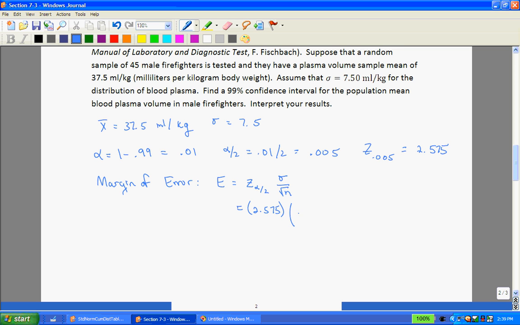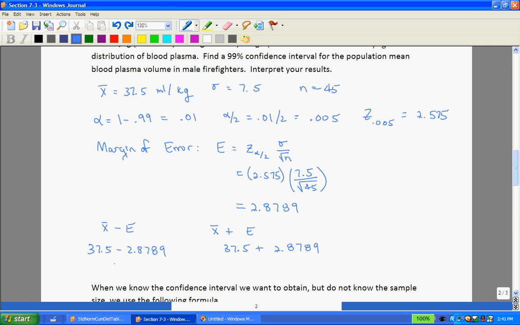Sigma, we were told, is 7.5, and the sample size, which we did not write down, we should have, which is 45, so square root of 45 down here. Let's see what we get. And I'm getting 34.6211 and 40.3789.